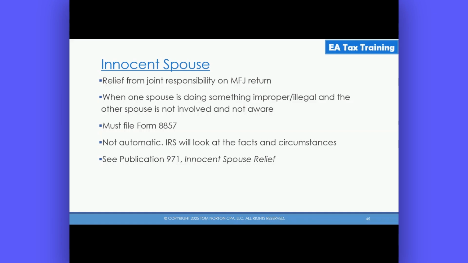IRS comes back, does an audit, says, nope, not $40,000 of income, but $400,000 of income from this business. And it wasn't just this one year that the income was underreported. We went back several years. Remember, if you omit 25% or more of your income, they can go back 6 years. If you commit fraud, which a case like this could potentially be, there is no statute of limitations.